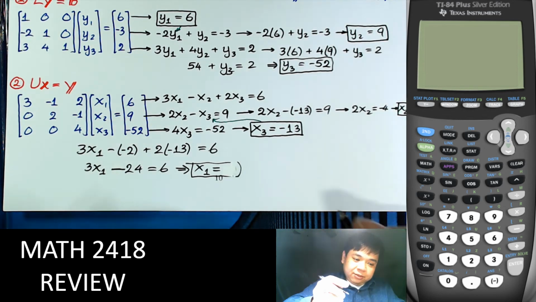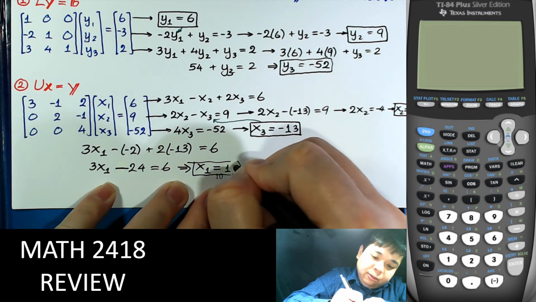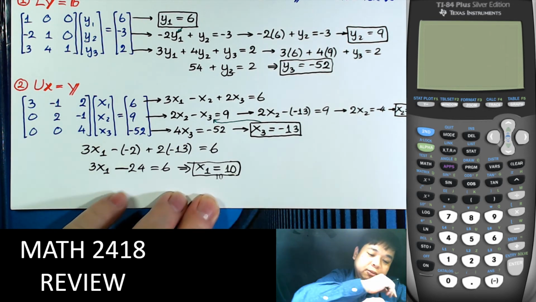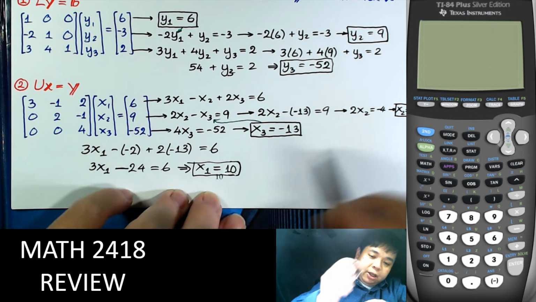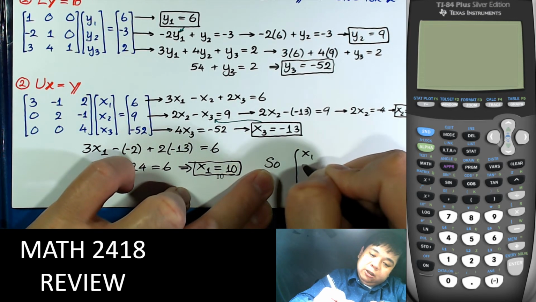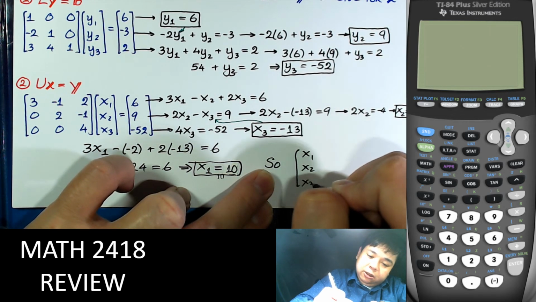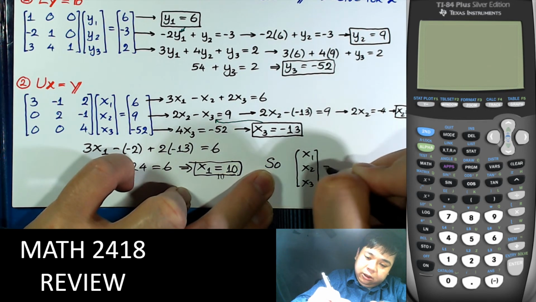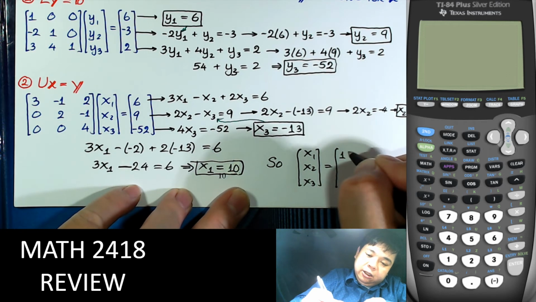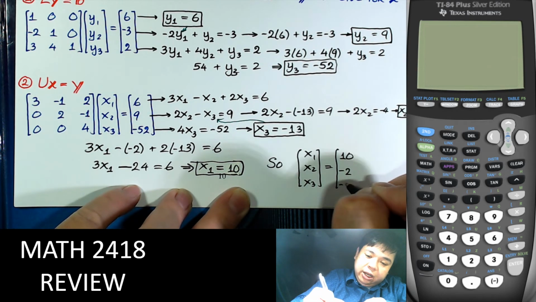Sorry. So we have x1, x2, x3: 10, negative 2, and negative 13.